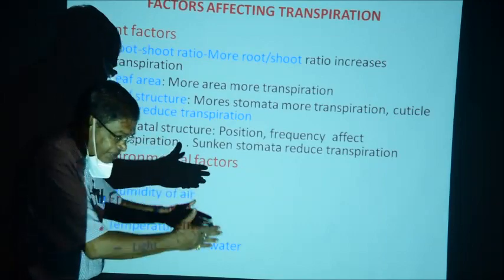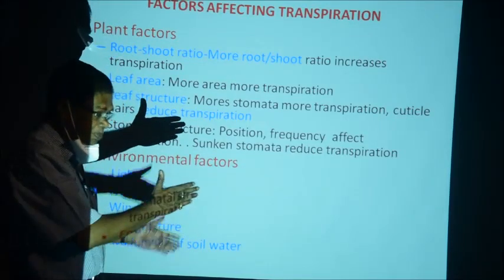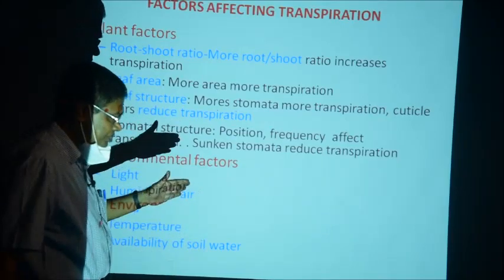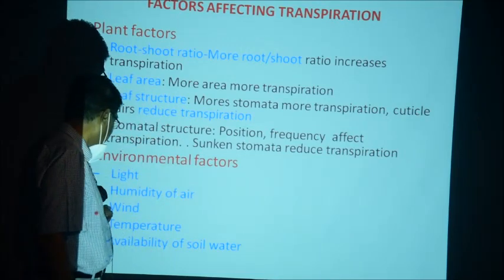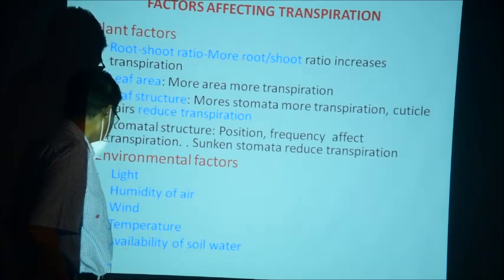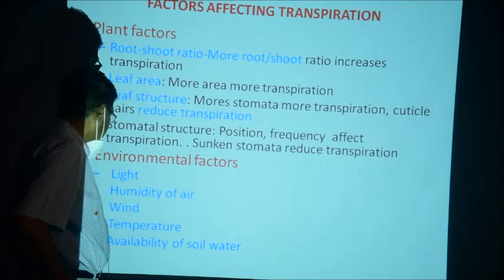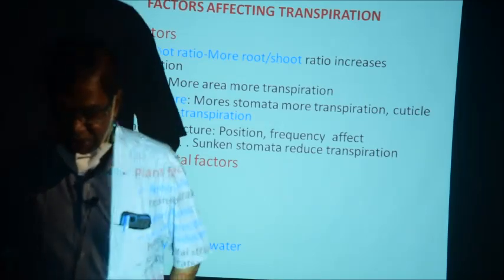Wind flows away the water vapors on or below the leaf, and so the movement is more in wind. Temperature increases transpiration. Now, availability of soil water. If there is more soil water, then naturally there is more transpiration.